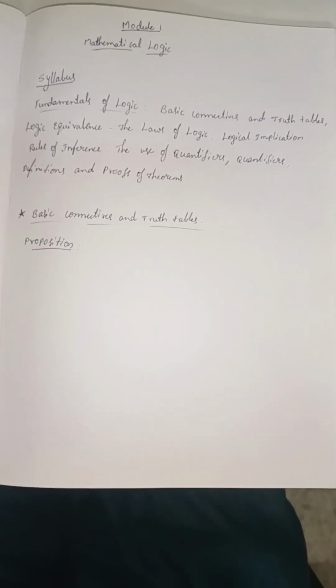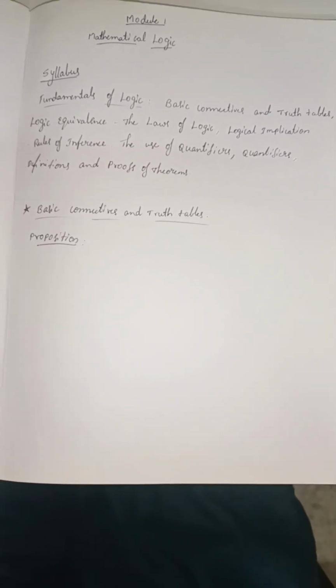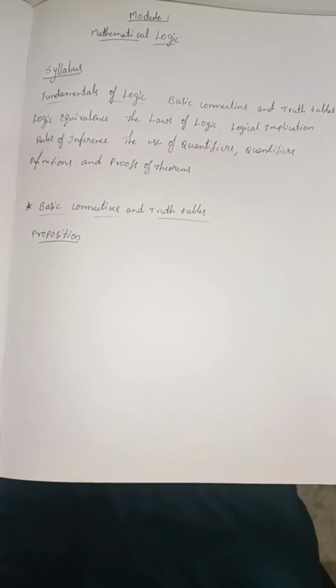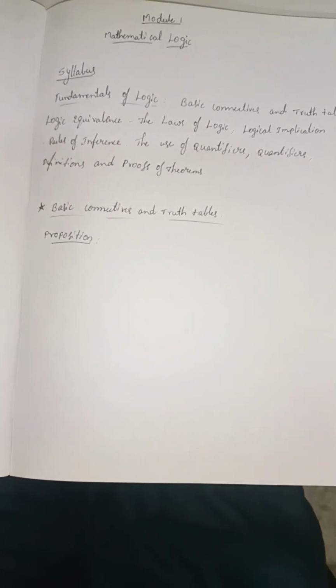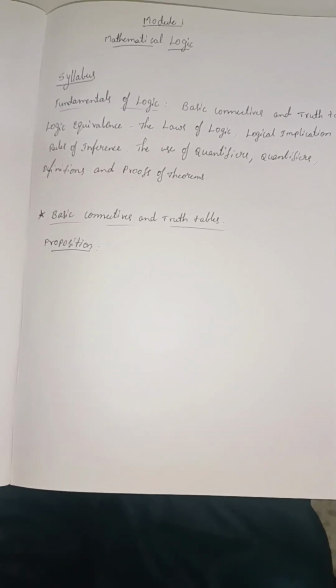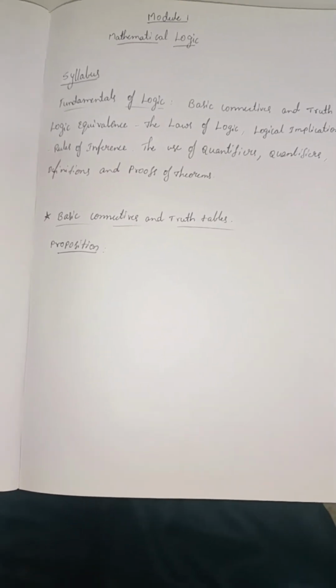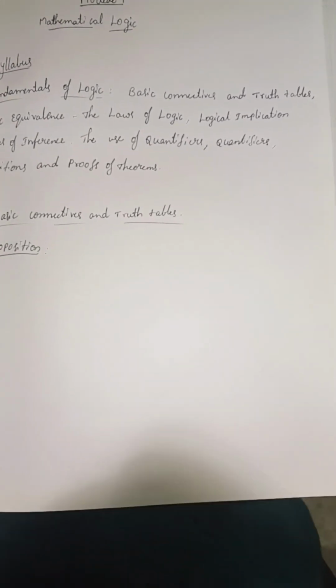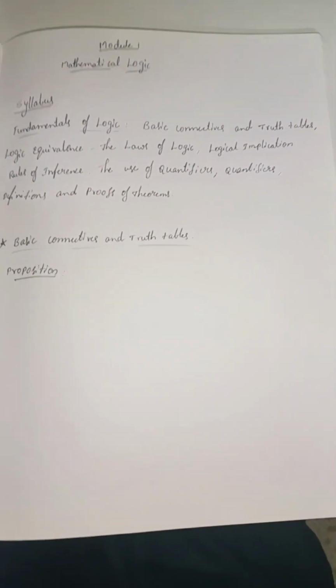In basic connectives and truth tables, the first definition is proposition. What does proposition mean? It is a declarative sentence. It is either true or false, but not both. Meaning, if the sentence is declared, it is true.